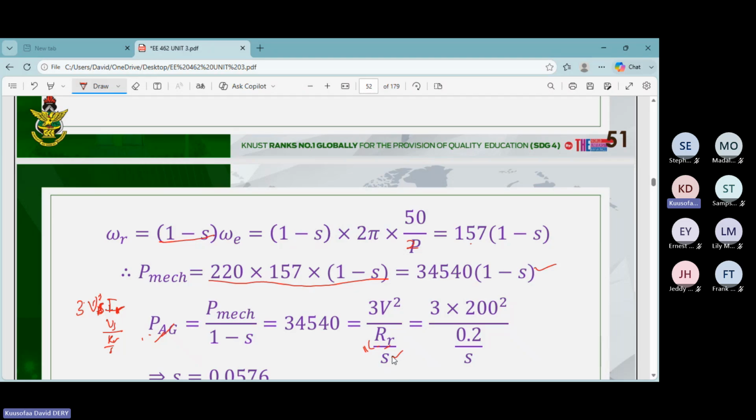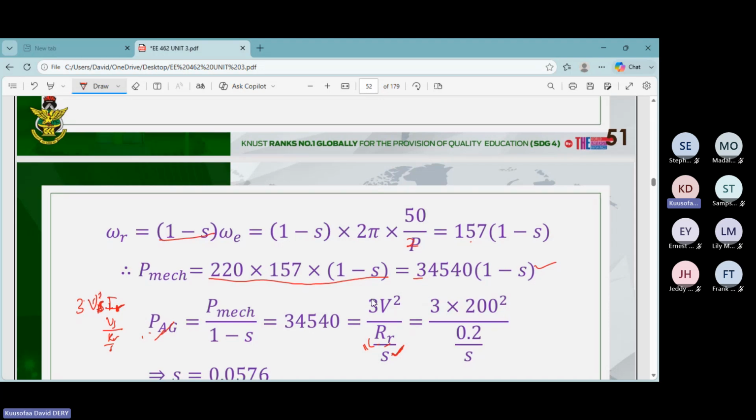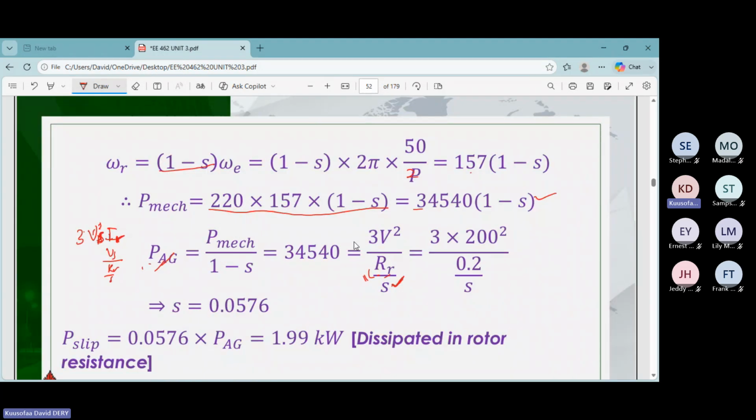So how do we calculate for a new slip? Since we know the P mechanical to be given by this expression, let me try and write. We know that the PAG is given by 3Vs squared over R over S. So we can make the substitution here.